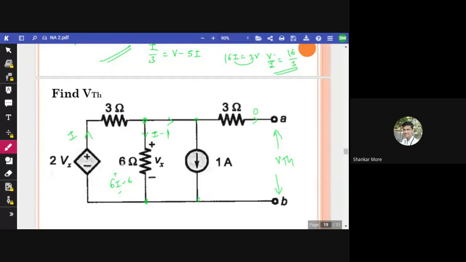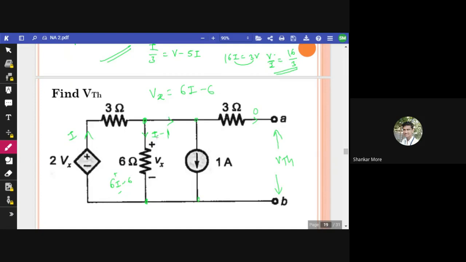See, 6 ओहम का यहाँ पे रेजिस्टेंस है, I minus 1 करंट फ्लो हो रही है, so 6 will be multiplied with this current and it will be 6I minus 6 voltage across these terminals. So value of Vx is 6I minus 6. ठीक है. Okay, Srishti has written Vx is equals to 2 volt is equals to VTH.